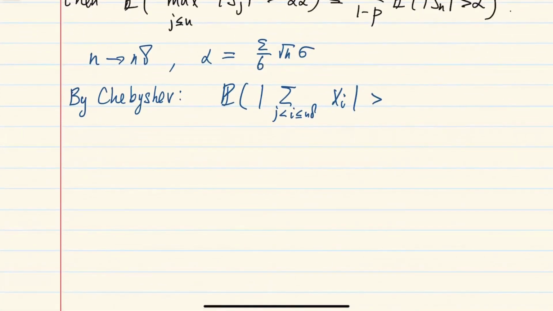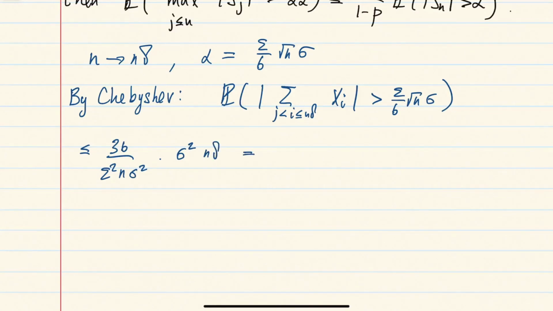Then for the probability that this exceeds epsilon over 6 square root of n sigma, you square both sides and get, by Chebyshev's inequality, a bound of 36 over epsilon squared n sigma squared times the sum of variances. Because these are IID, that just gives sigma squared, the variance of one term, times n delta.